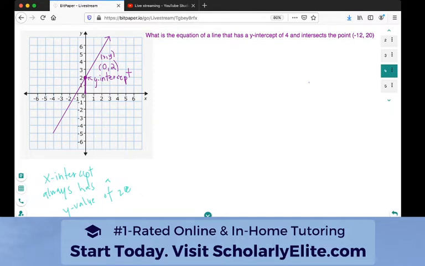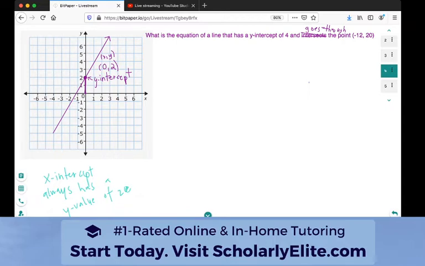So they're asking us, what is the equation of a line that has a y-intercept of 4 and goes through the point negative 12, 20. Okay, everything we've learned so far has been leading up to this very moment, guys.